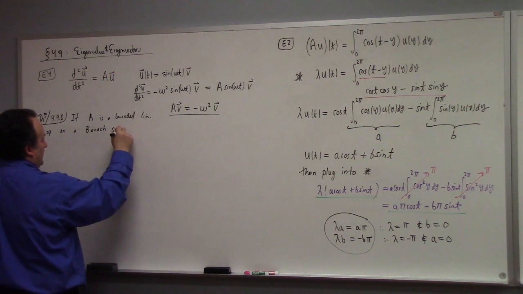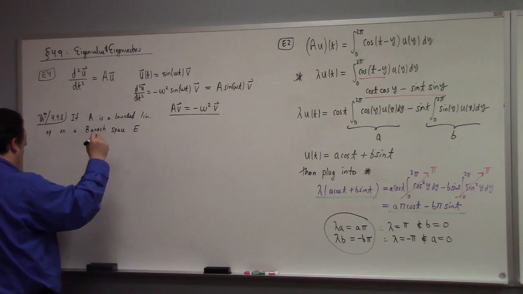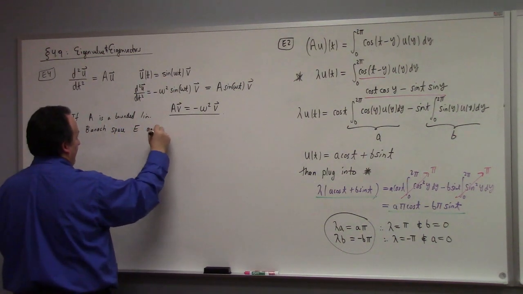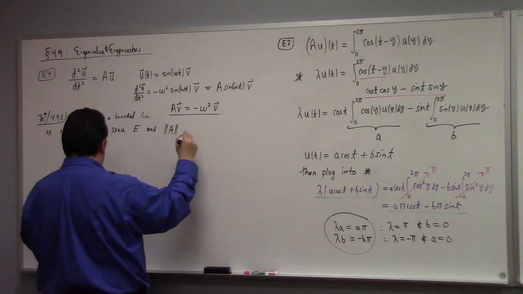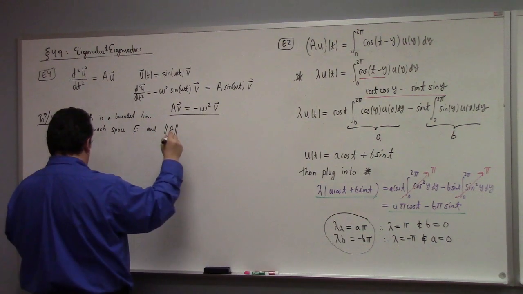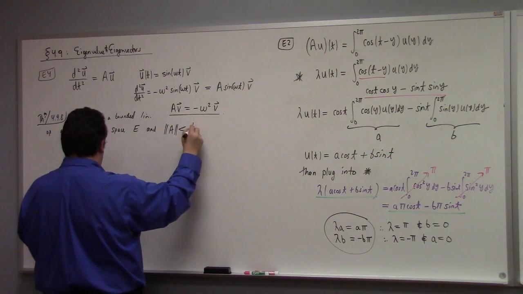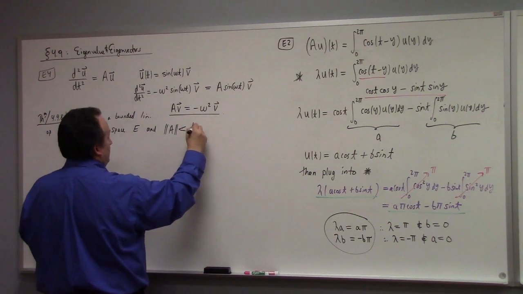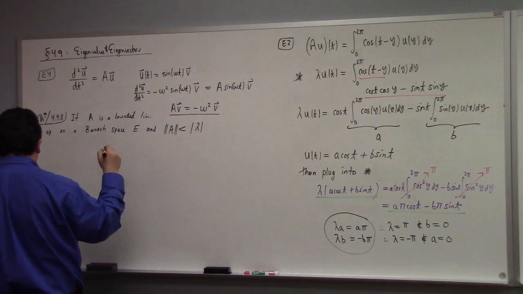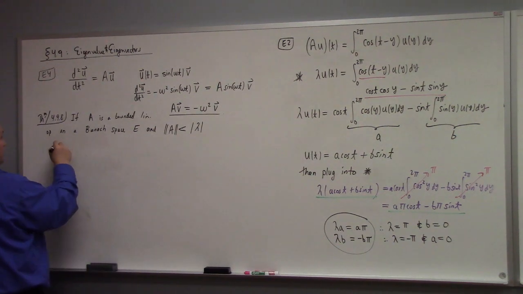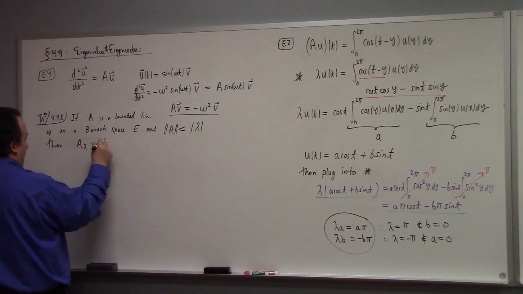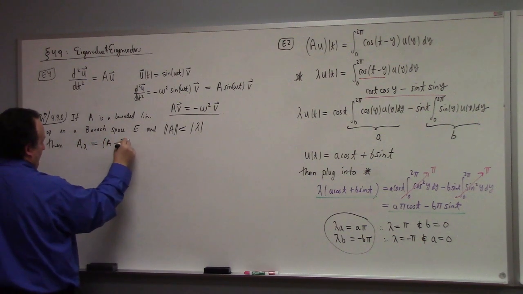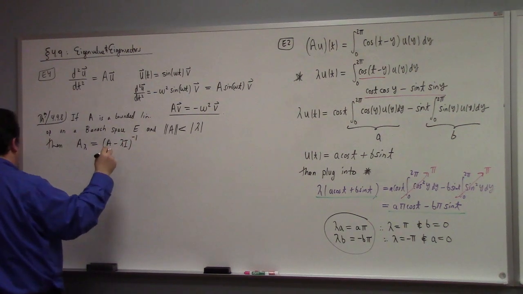Banach space E, and the norm of the operator is less than the absolute value of a complex value lambda, then the resolvent, A sub lambda, is a bounded operator.